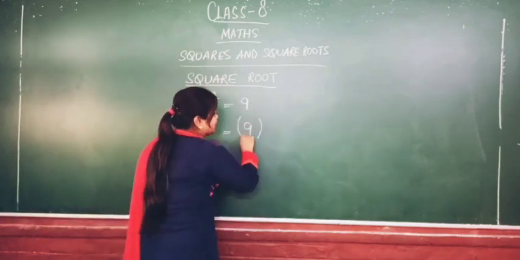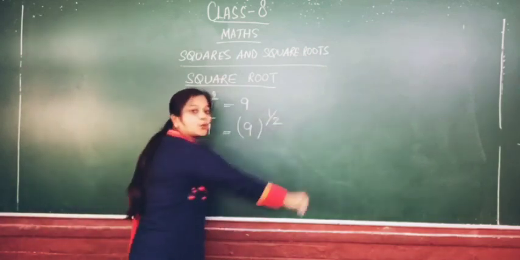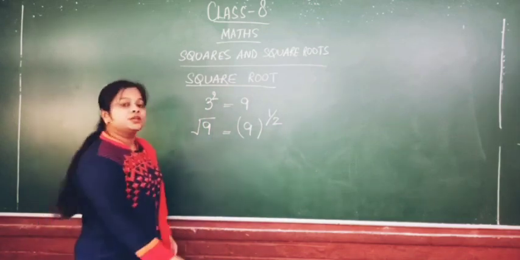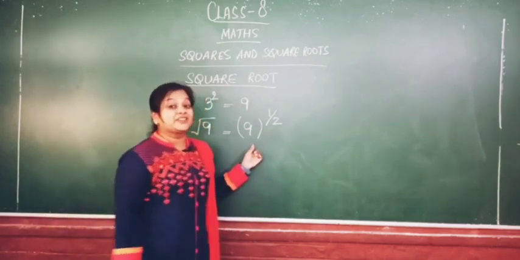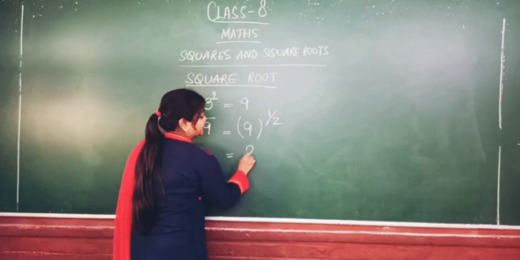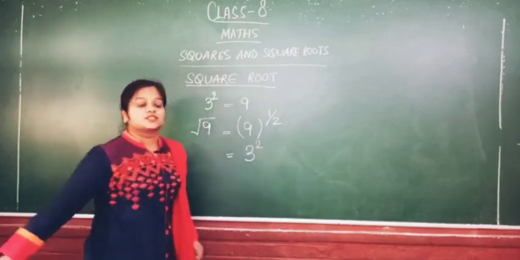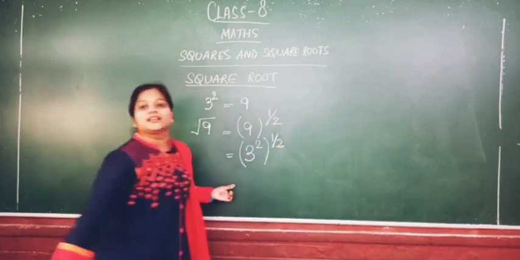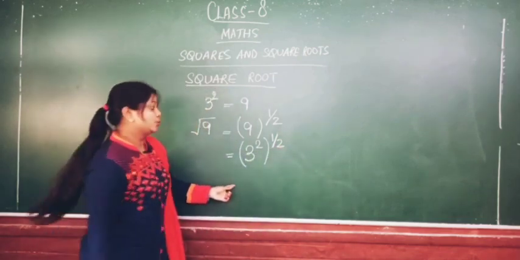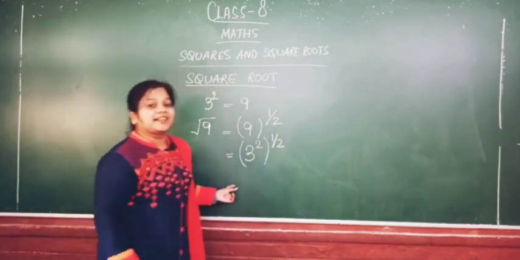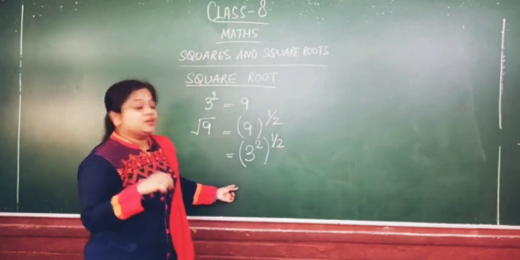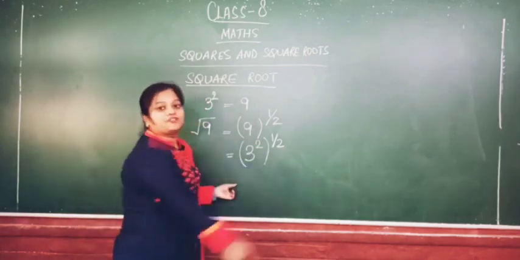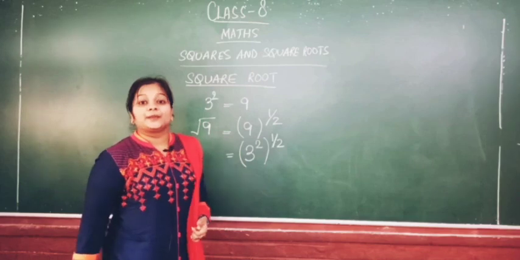And square root is changed to the exponent 1 upon 2. Now we can write 9 as 3 square and whole bracket power raised to 1 upon 2. We all learned in our exponents video that power of a power is always multiplied.